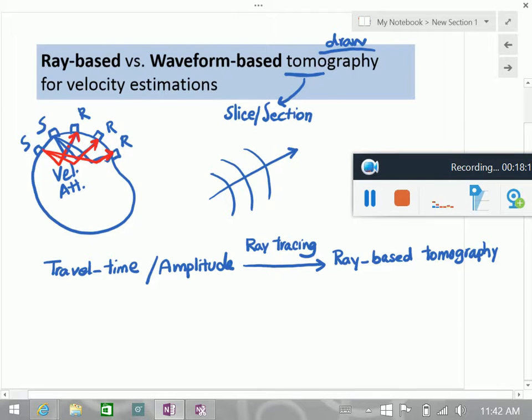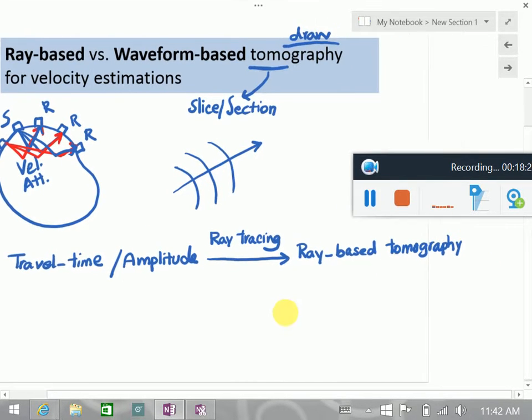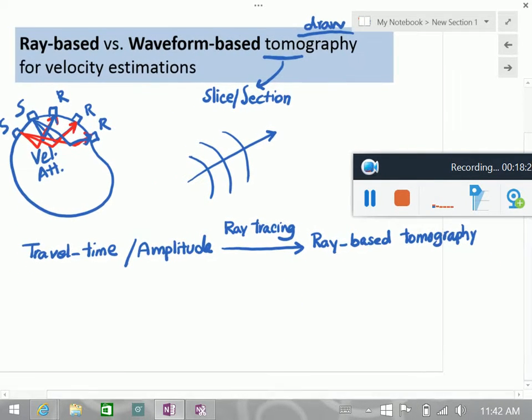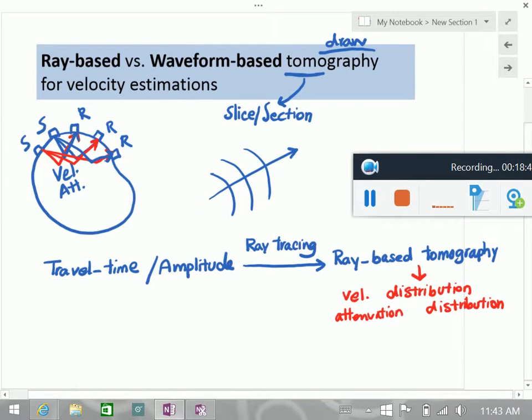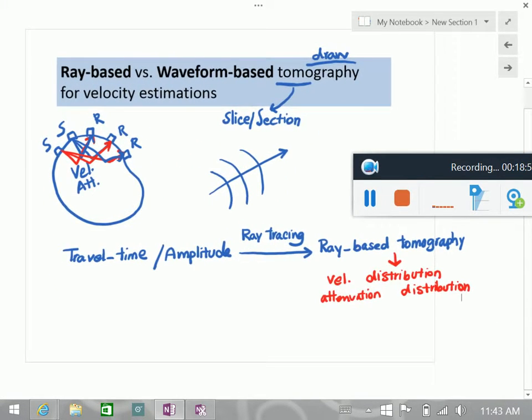And the inputs are whatever travel time and amplitude you record here, and from that you want to say what would be the velocity distribution or attenuation distribution within the medium. So you're saying that the one receiver gives you... No, you record everything at different receivers.